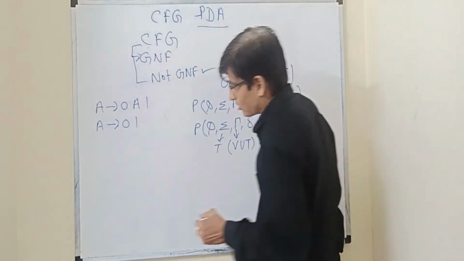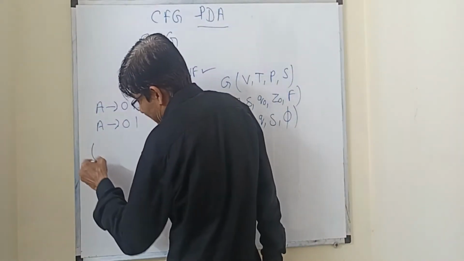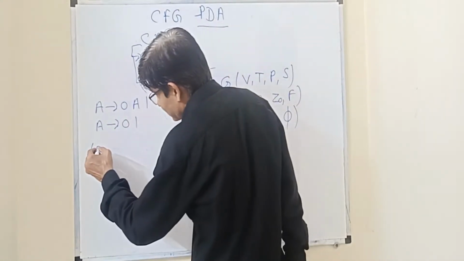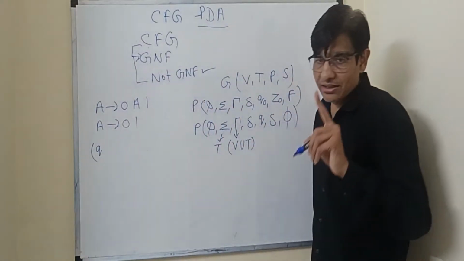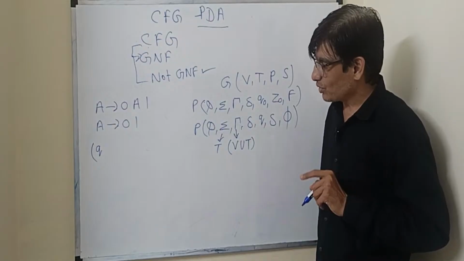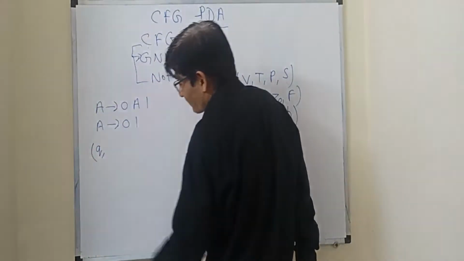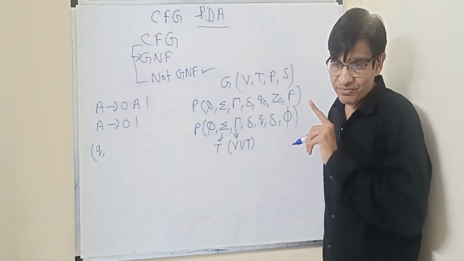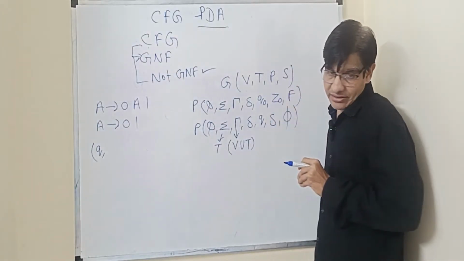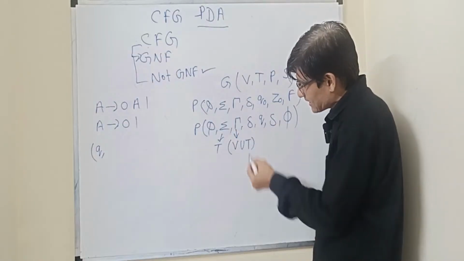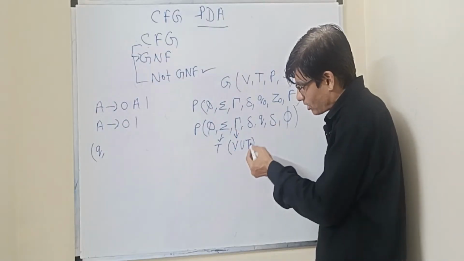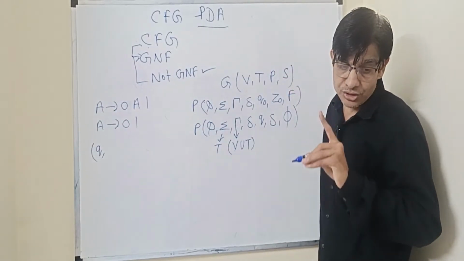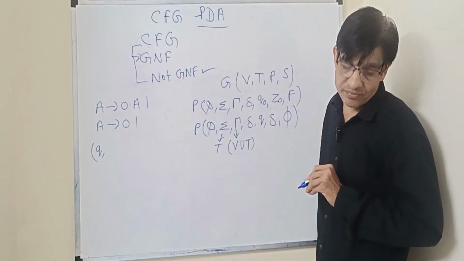As we are using only one state, we will use this state only, Q. The current state of the PDA would always be Q. If the top of the stack is any variable, as we can push variables or terminals in the stack, we will not read any symbol of the string.